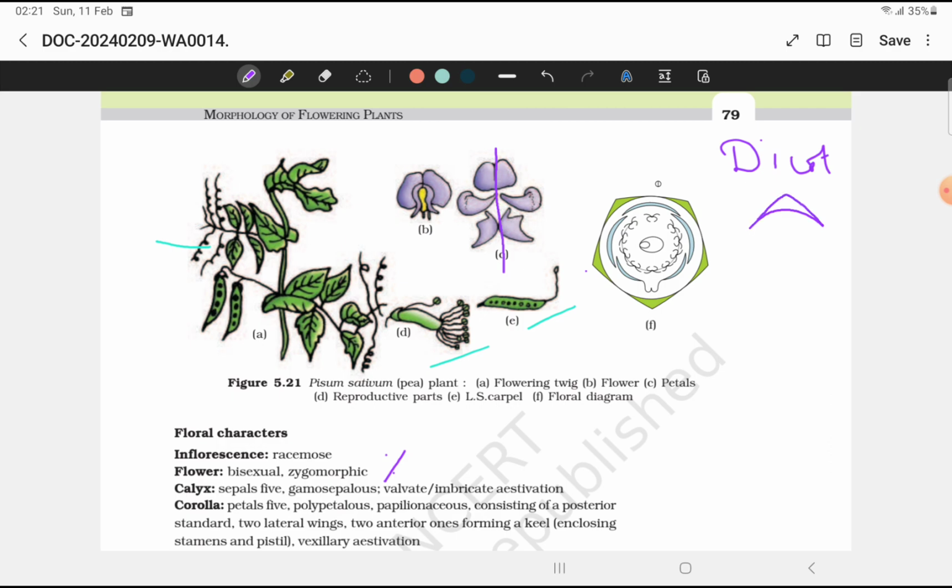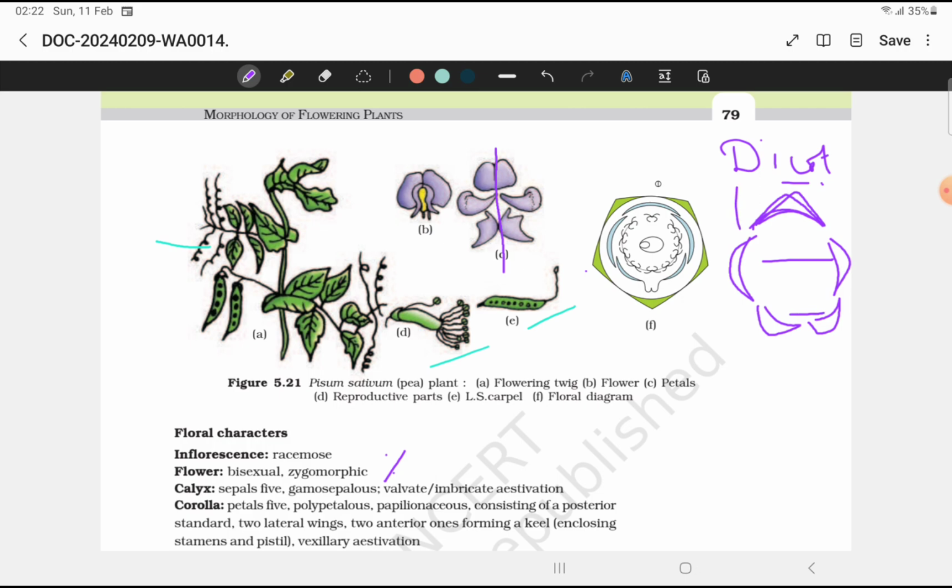It should have the odd sepal here, and then two even sepals. Look here, this is the posterior side. The odd sepal is present on the posterior side, and these two are lateral and these two are on the anterior side.